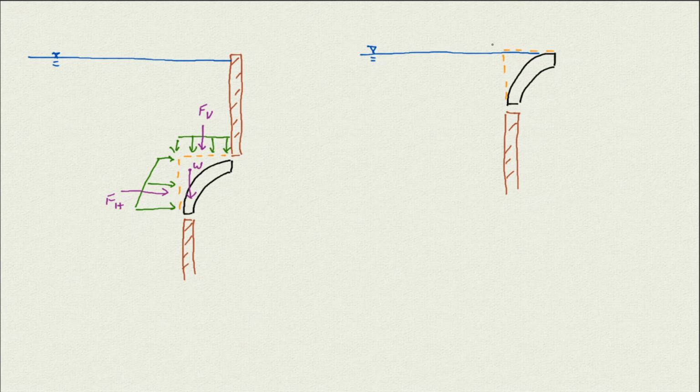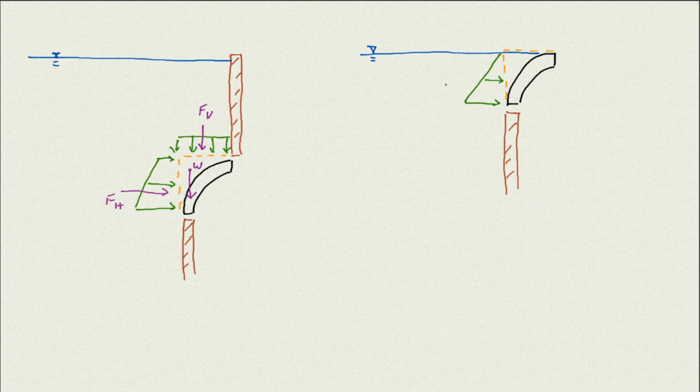Here, because it's sitting at the surface, the z is going to be 0, and therefore the pressure is going to be 0. So there's not going to be any force applying on that vertical line here. And on the horizontal side, the pressure starts from 0, because at the water surface the pressure is always 0, and it keeps increasing. So we will have a triangle like that, and we don't have anything up there.